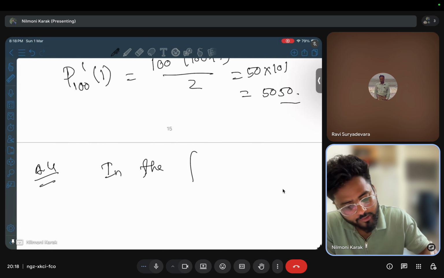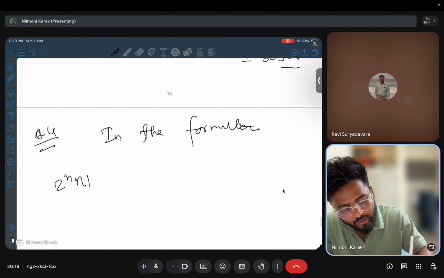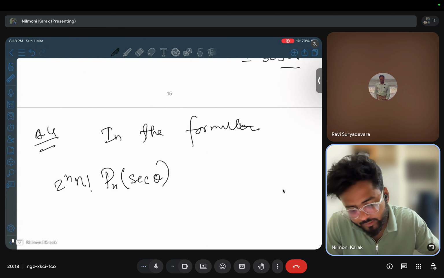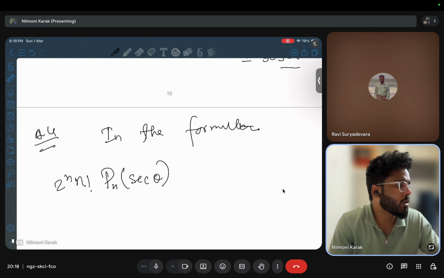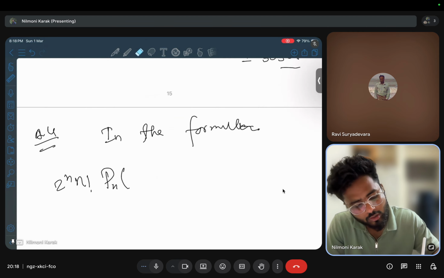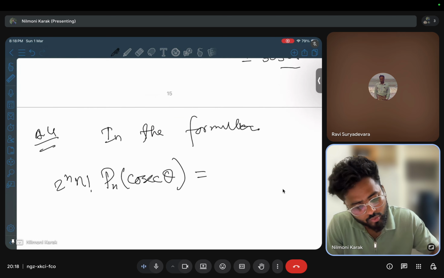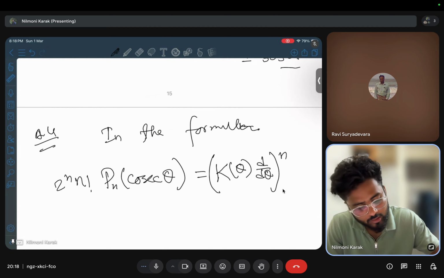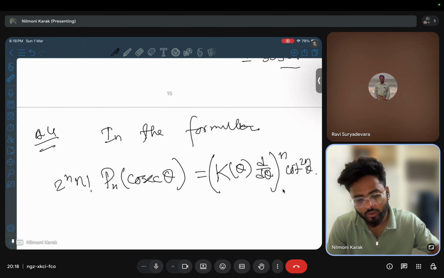So in the formula 2^n n factorial Pn of cosec theta, not sec, sorry, cosec theta, equals k theta times (d/d theta)^n of cot^(2n) theta.